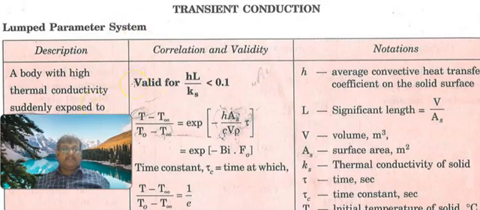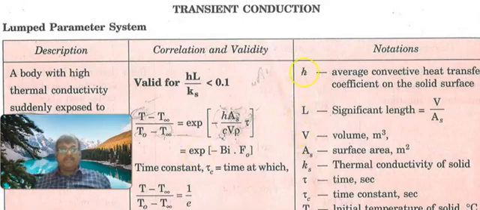There is an equation with hL by Ks less than 0.1, which is the correlation and validity. Here (T minus T infinity) divided by (T naught minus T infinity) is equal to exponential of minus hAs divided by C V rho times tau, which is nothing but exponential of minus Biot number multiplied by Fourier number.